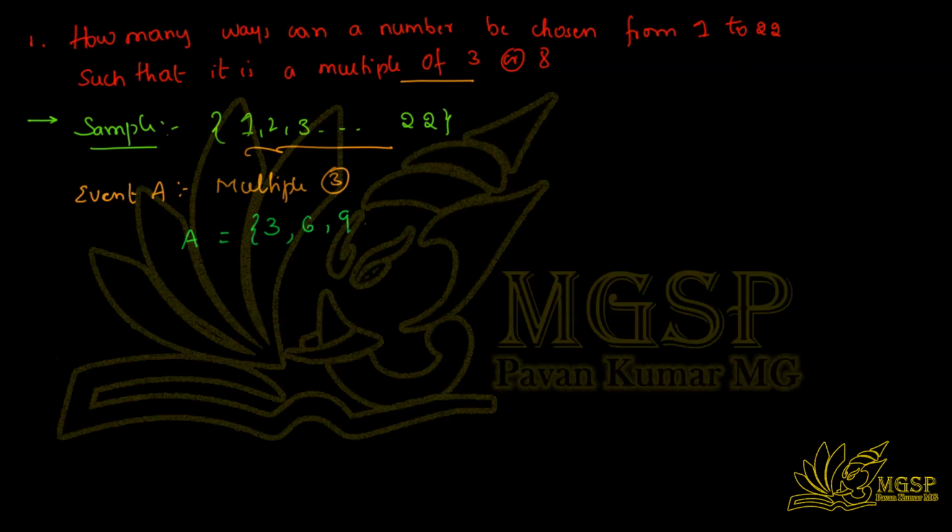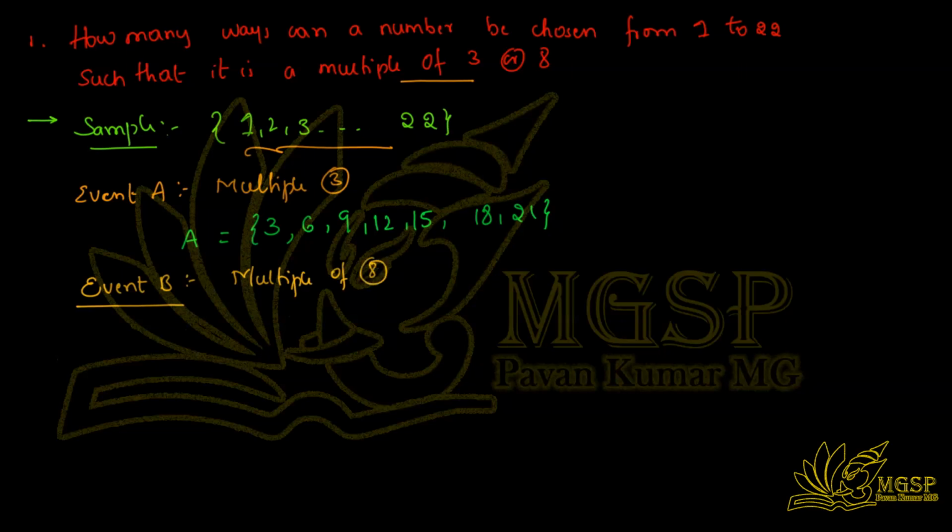Again, 3 threes are 9. 3 fours are 12. 3 fives are 15. 3 sixes are 18. 3 sevens are 21. 3 eights are 24, but you cannot take 24 here because the sample space is limited from 1 to 22. So these are the elements of event A. Similarly, you can write event B. Event B, they have told us, is multiples of 7.